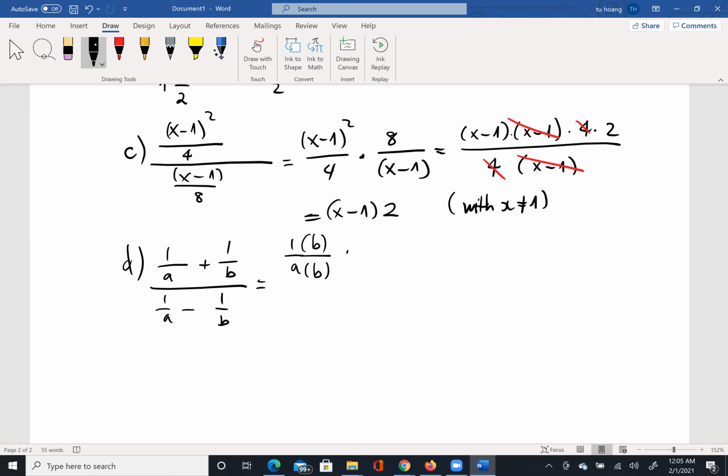And then you will add the next one. So let me write the LCD for the top, which will be equal to a times b, right?